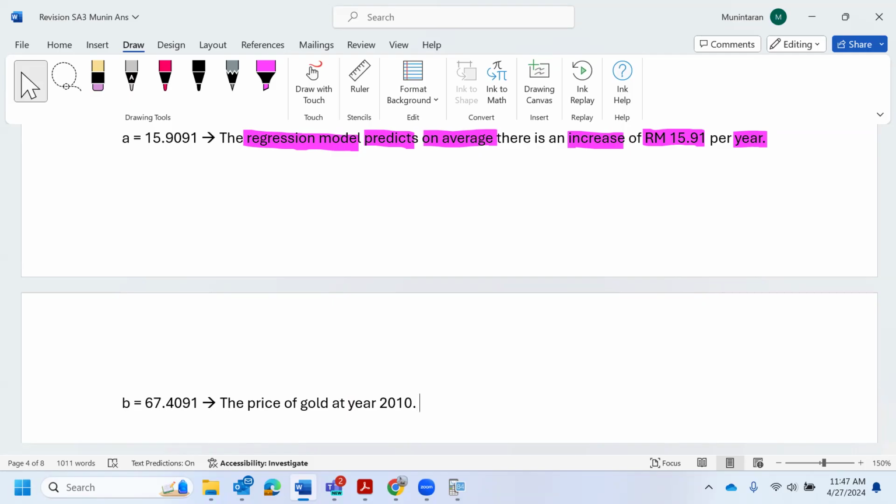The price of gold in the year 2010, which is RM 67.41.